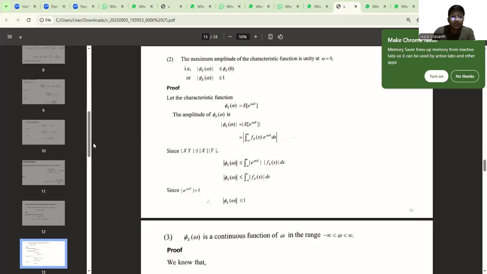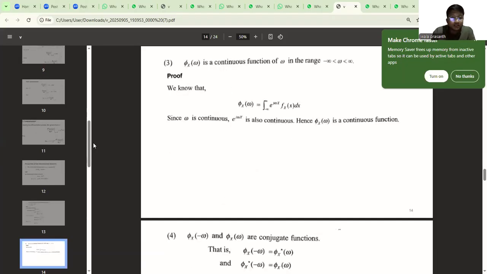Since |xy| ≤ |x||y|, |φx(ω)| is less than or equal to ∫ |e^(jωx)| fx(x) dx. Since |e^(jωx)| is equal to 1, therefore |φx(ω)| ≤ 1.